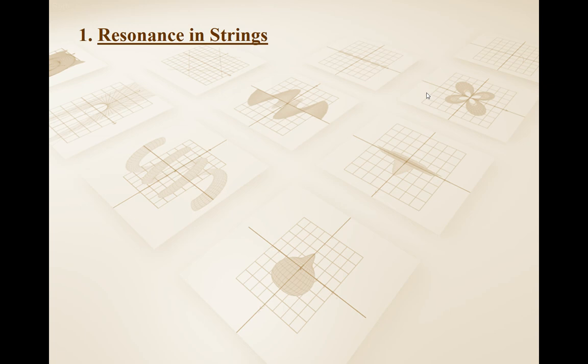Okay, now we're going to focus in this lesson specifically on mechanical resonance in strings. So the scenario we'll look at is, let's say we have a couple of fixed boundaries. I have one boundary like this, and another boundary like that, and we're going to put a string from one end to the other.